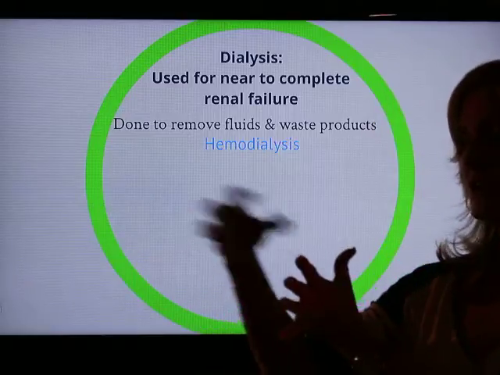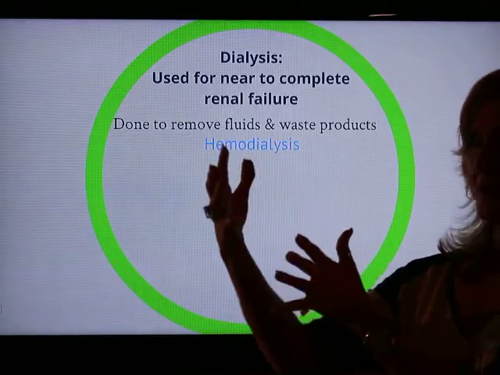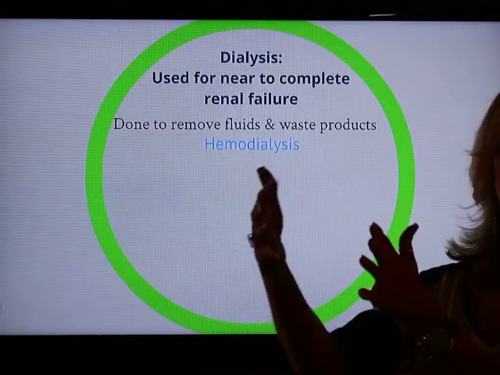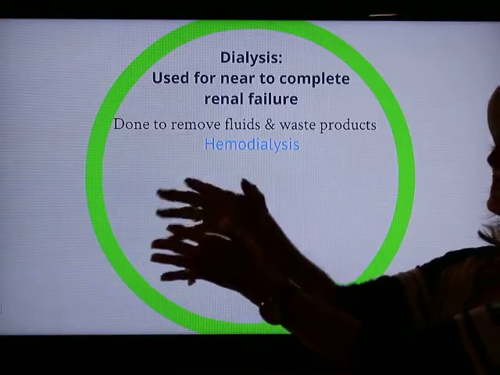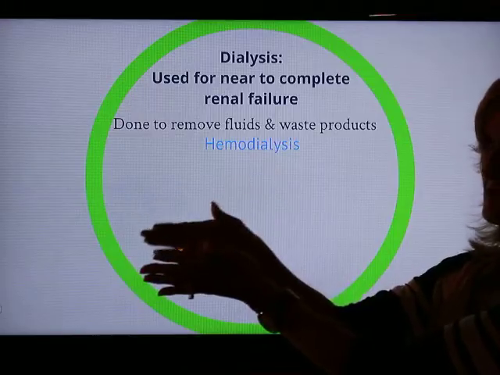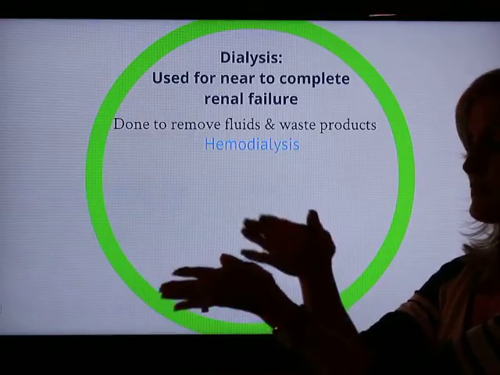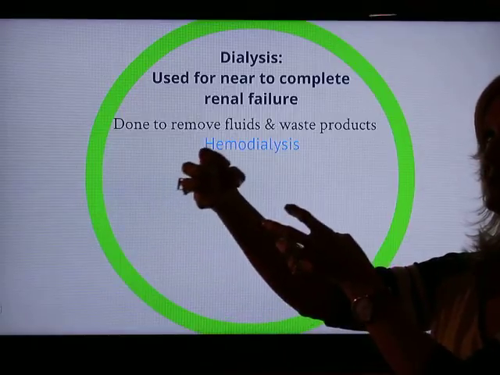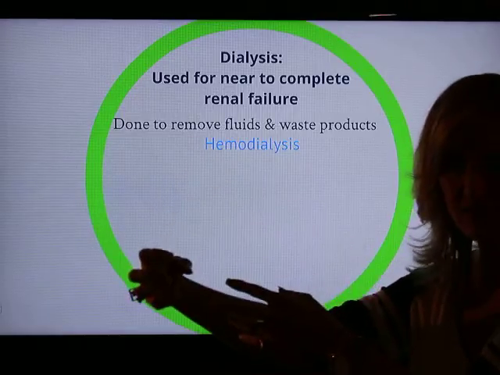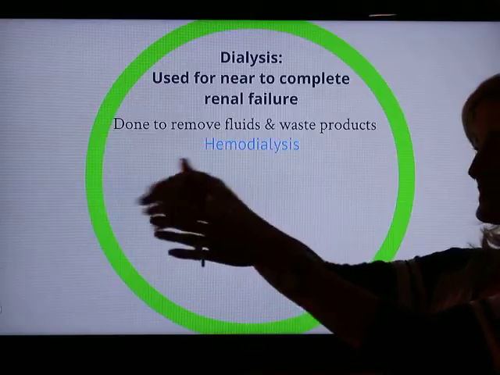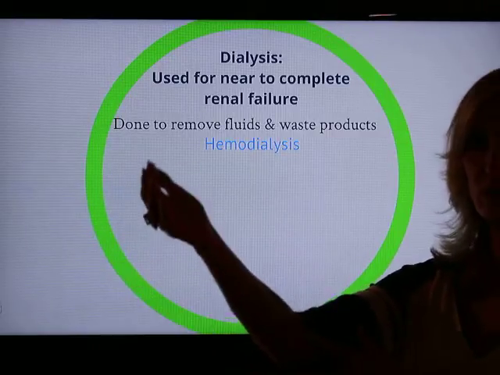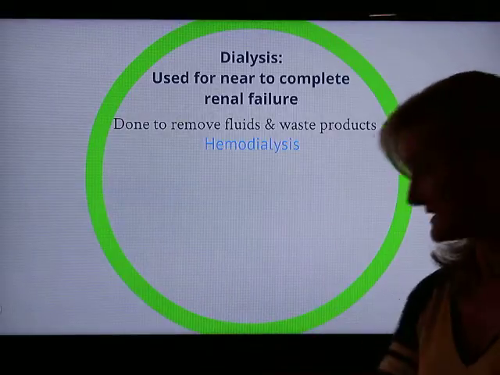It knows that there's high uremia, high potassium, high extragenous waste. So it will have a membrane over here with all low things, and by the process of osmosis, it will pull out all the waste products, and then it returns the blood back into the venous system clean with all of that stuff emptied out.